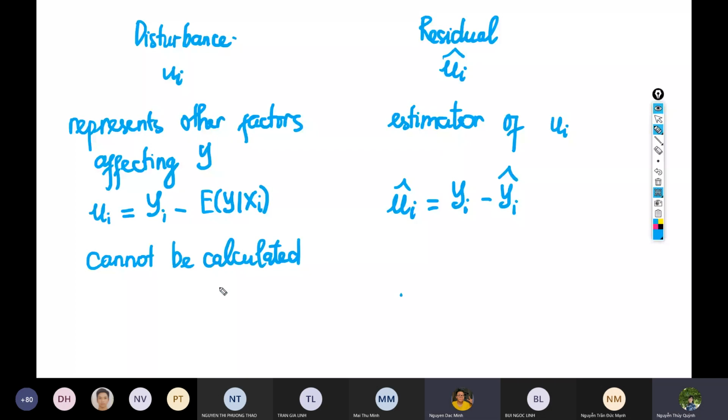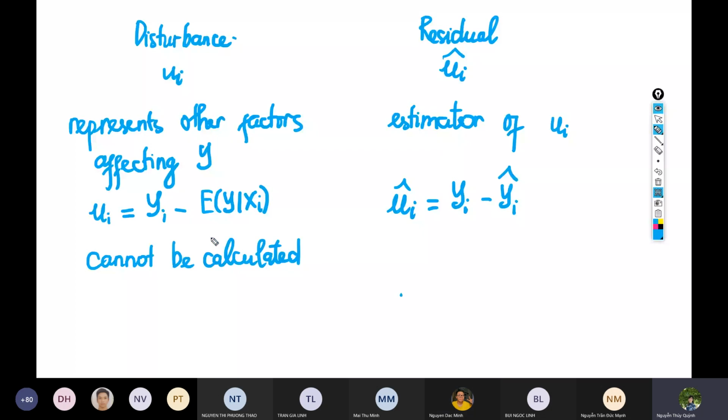We can see the observed value of y here, but we cannot identify the conditional expected value of y.